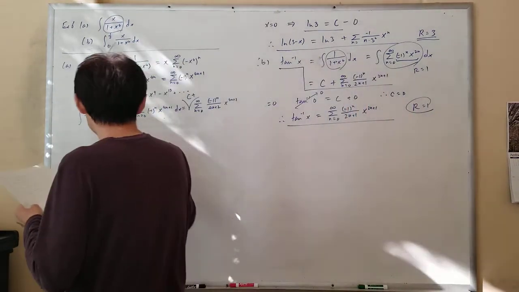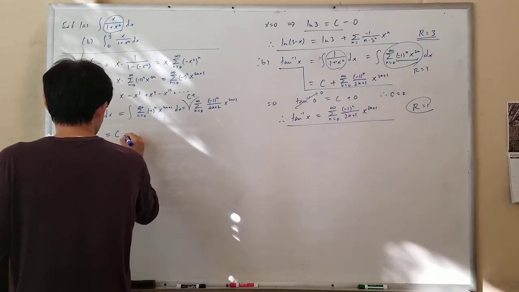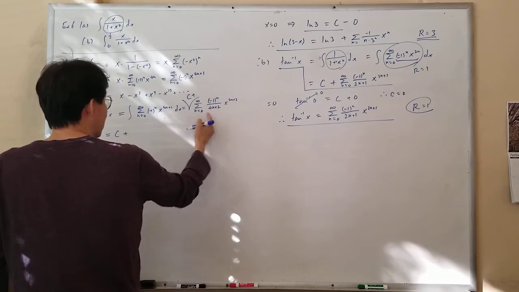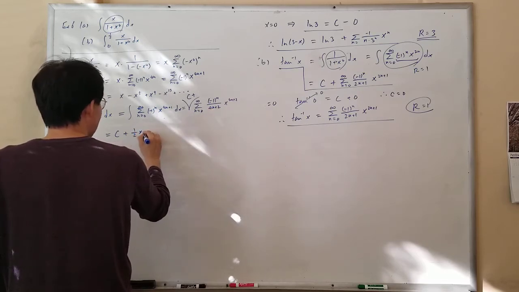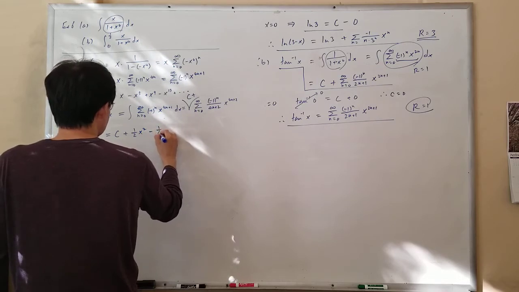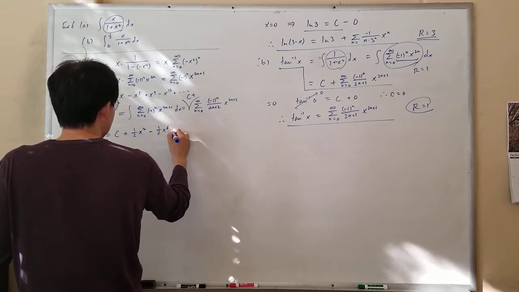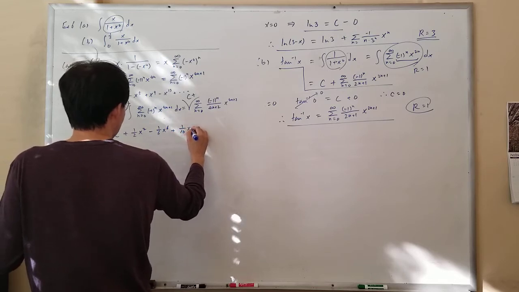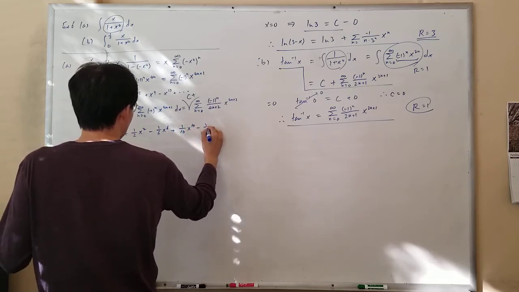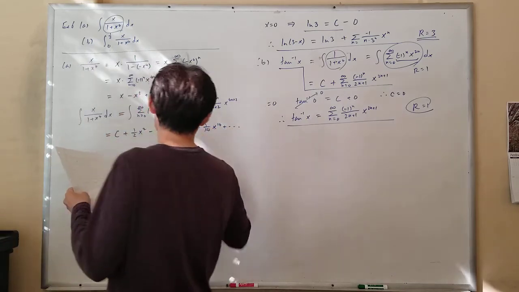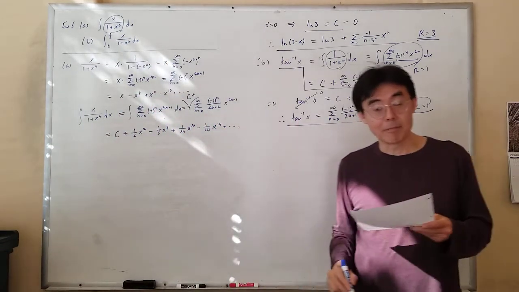If you want to write a few terms, that will be c plus, for n equals 0, 1 half x squared minus 1 over 6 x to the 6th plus 1 over 10 x to the 10th minus 1 over 14, keep going.